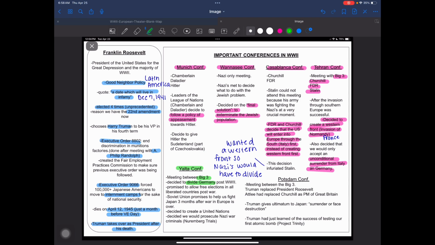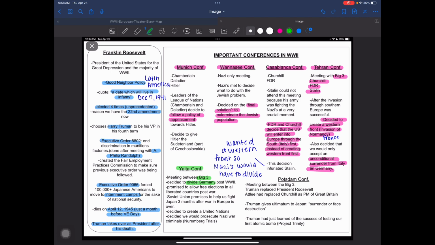We're going to divide up Germany because at the end of World War II, Germany was ultimately destroyed, especially the bigger cities like the capital of Berlin. Not only had Germany been destroyed, but there were still some very prominent Nazis that fully supported Hitler in Germany.